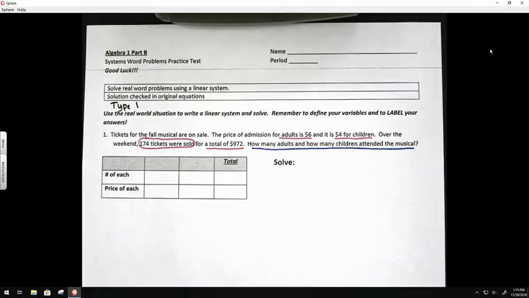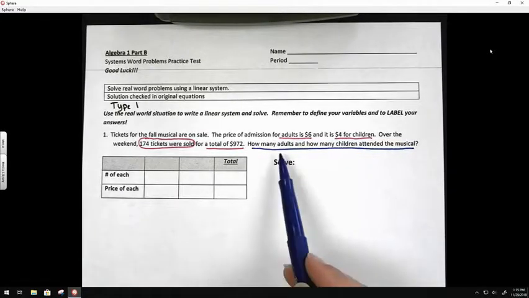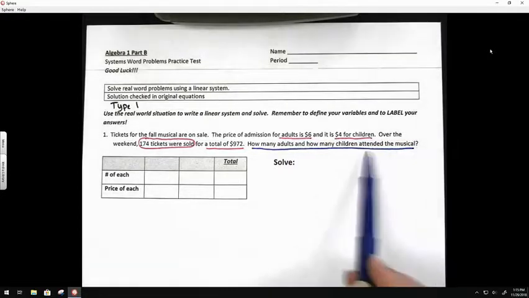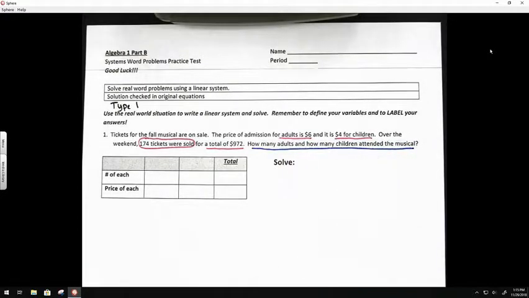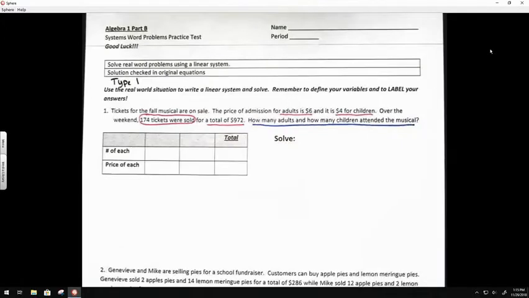So let's go ahead and define our variables. The question asks how many adults and how many children attended the musical. Since that's what the question is asking, that tells us what our variables are.